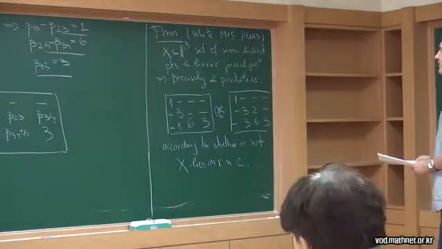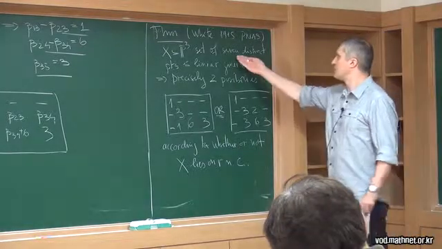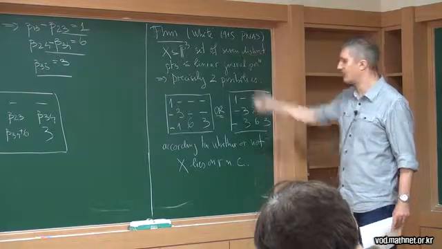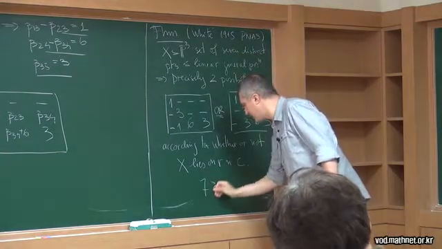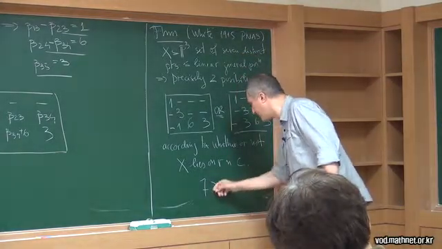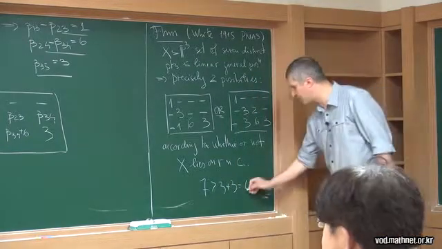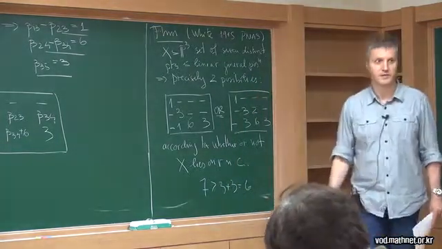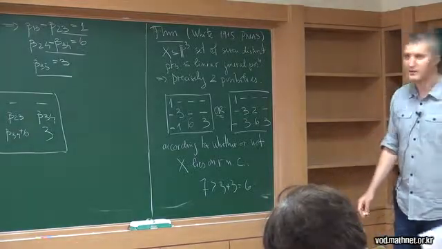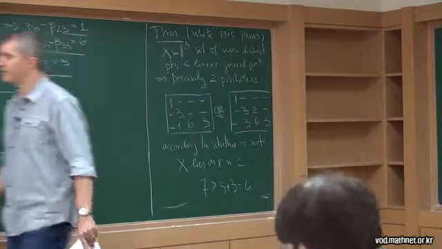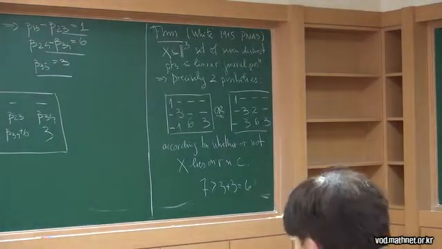Okay, and now it's clear why we chose 7 distinct points, because 7 is strictly bigger than 3 plus 3, which is 6. And any 6 points lie on a rational normal curve. So from this point of view, 6 points are not that interesting.